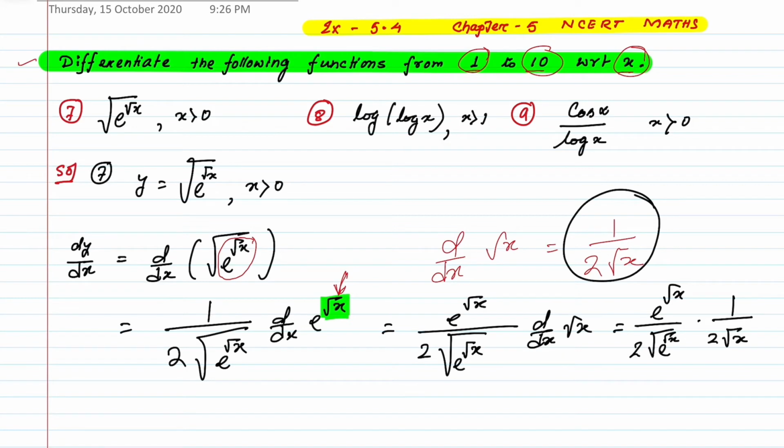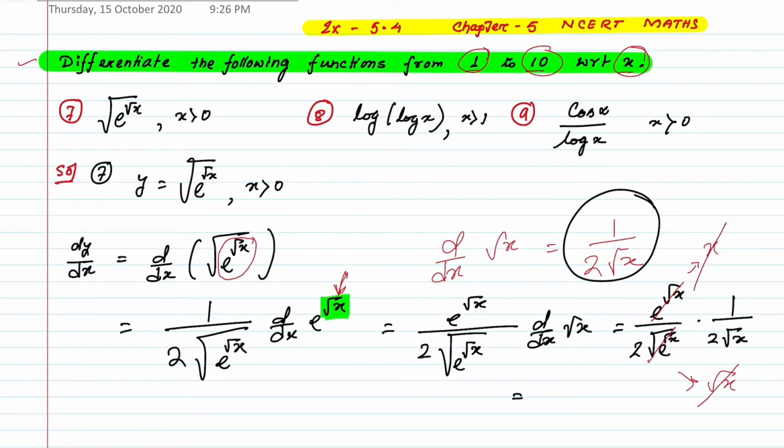So what will be the final result? Now here you can see one more thing. If you cancel this against the denominator, if you assume this one as x and this one as root x, and cancel x by root x, then you get root x, isn't it? So here we will get e to the power root x, sorry, here you should get root over e to the power root x. Let me explain again. Here it is e to the power root x, and here we have root over e to the power root x again. Assume this one as x and this one as root x.